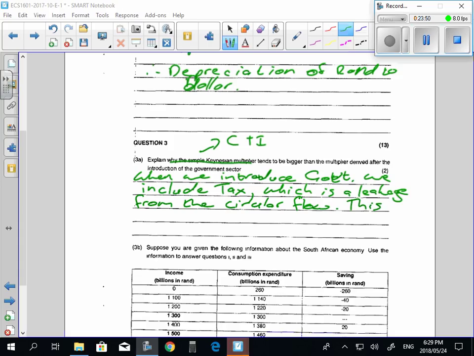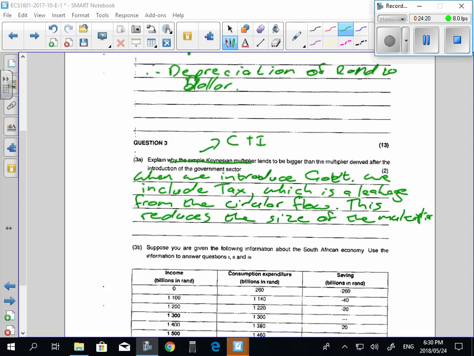This reduces the size of the multiplier. And why does it reduce the size of the multiplier? Because we are diverting expenditure away from goods and services and towards tax. So therefore, the size of the multiplier is reduced.